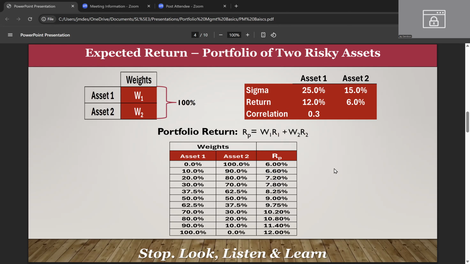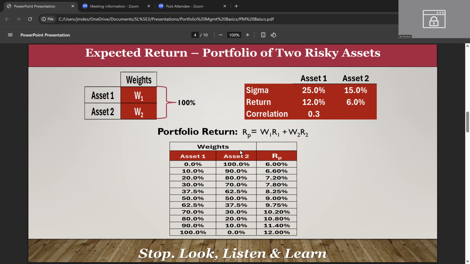If we invest $100,000 and it returns 12% over the period, then we're going to have a $12,000 return, or 12% return, right? And by the same token, if we decide instead to invest all of our assets in asset two, and asset two has a 6% return, well, then we're going to have a $6,000 return over that 1 year period, assuming we have $100,000 invested in it.